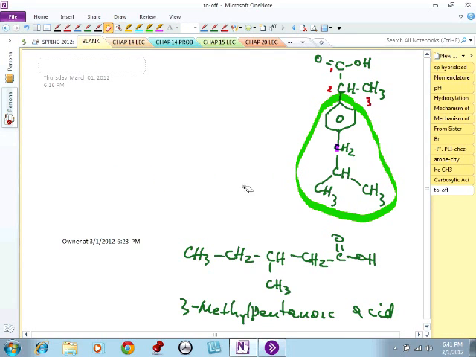So therefore, how are we going to name this molecule? We know the IUPAC name. What's the base name? Propanoic acid. Okay, let's do that first. So the base name is propanoic acid.